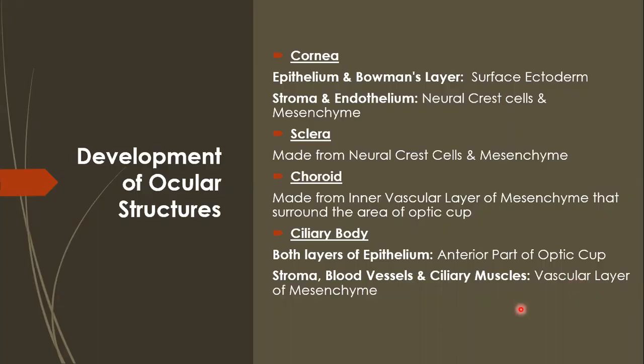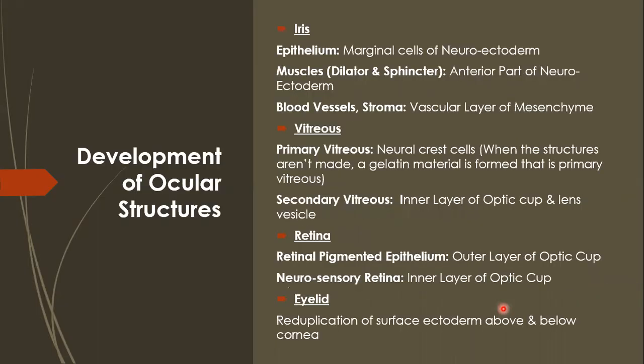The iris epithelium is made from the marginal cells of the neuroectoderm, and the dilator and sphincter muscles are made from the anterior part of the neuroectoderm. The blood vessels and stroma are made from the vascular layer of mesenchyme, right?